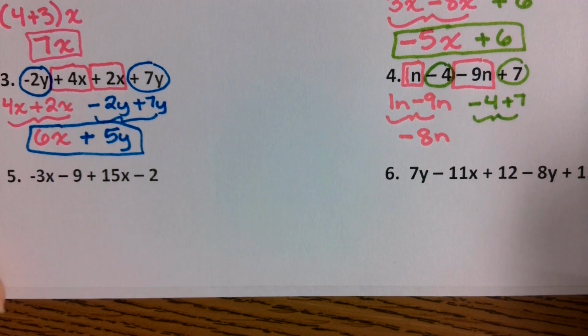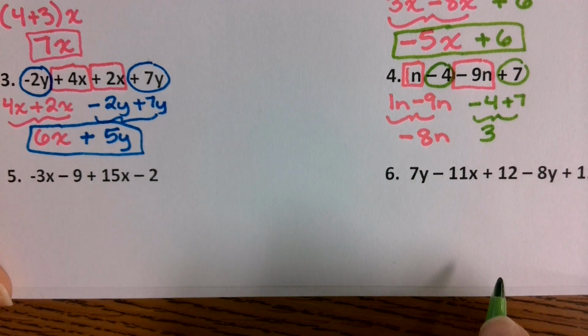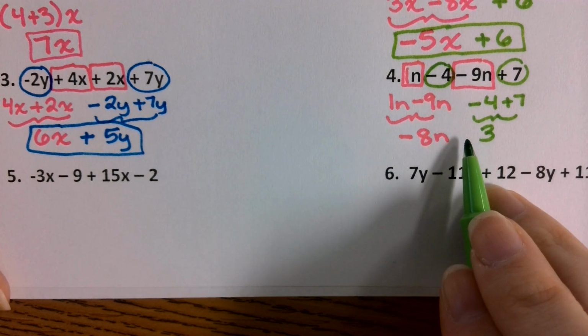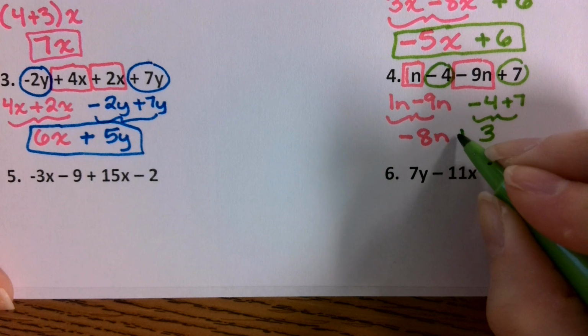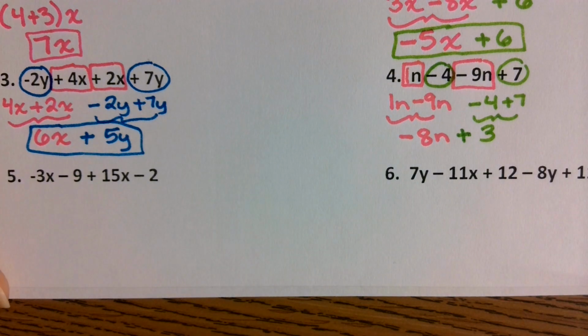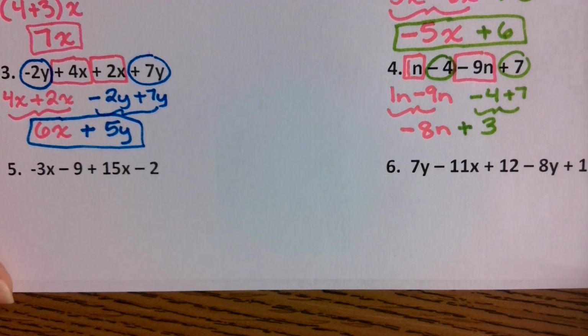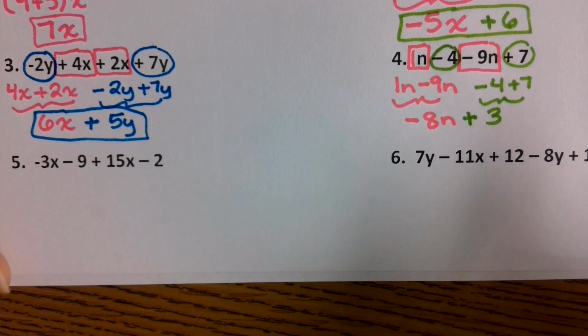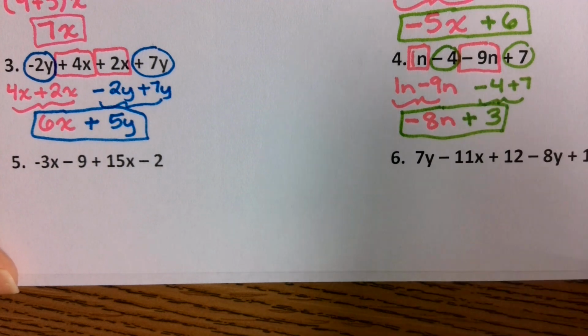No. What do I need to write in front of it? Positive. Plus sign. It's a positive 3. I got to write that plus sign. Make sure you're writing this down. I shouldn't have to be telling you guys to write the stuff down. This is your notes. So our answer is negative 8n plus 3.